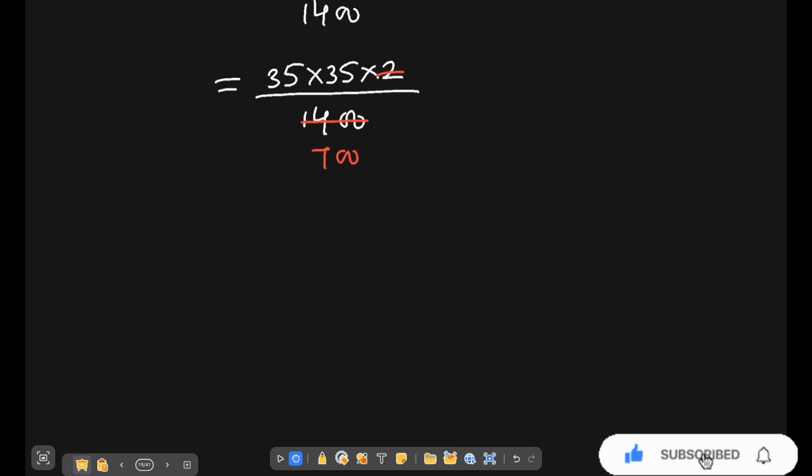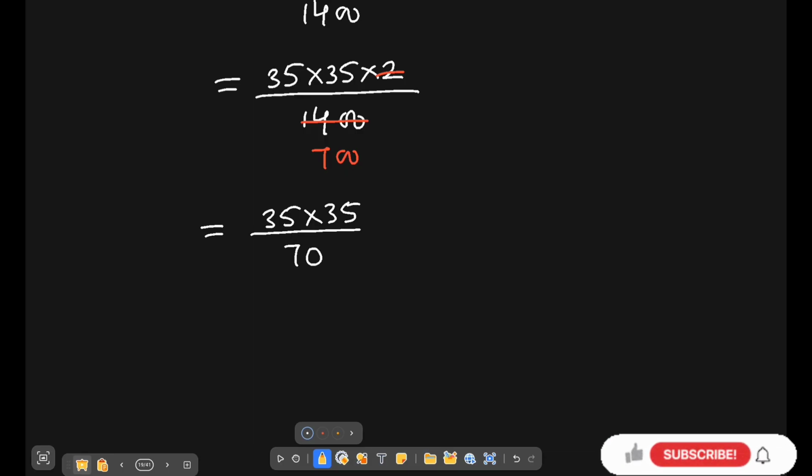Now this will be equal to 35 into 35 by 70. Here we can cancel with the 35 table: 35 ones are 35, 35 twos are 70. Now it is equal to 35 by 2. So the ratio is 35 is to 2. So this is the required answer.